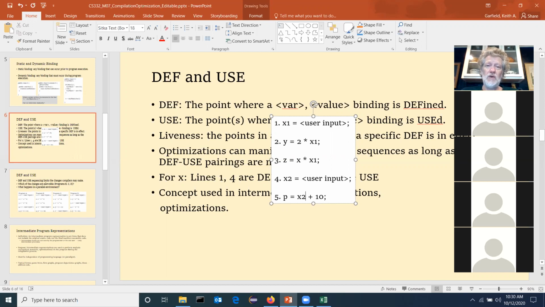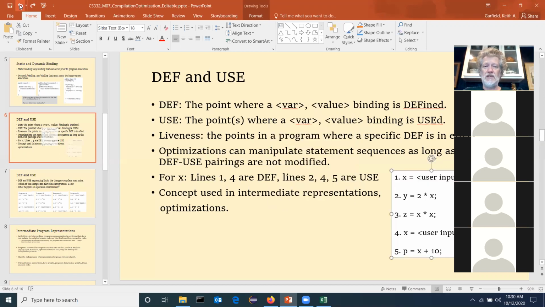And if it can replace them with other tokens that are going to be helpful in terms of future optimizations, it will. So that is not an unreasonable thing for a compiler to do. It's called single assignment. Each variable in the program actually only gets assigned a value one time, only one def statement. Wasteful in terms of memory? Maybe. In the short run, it may be, but in the long run, after the compiler is done doing all the optimizations, a lot of those might go away anyway.